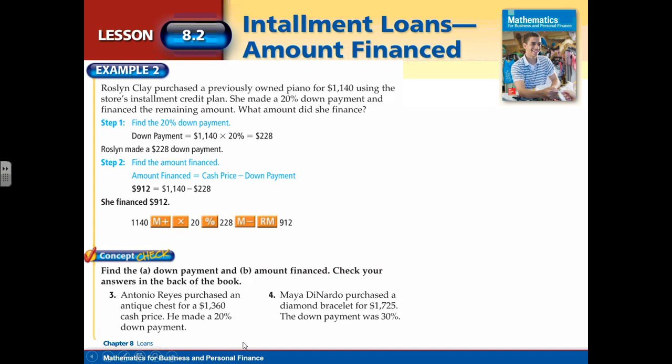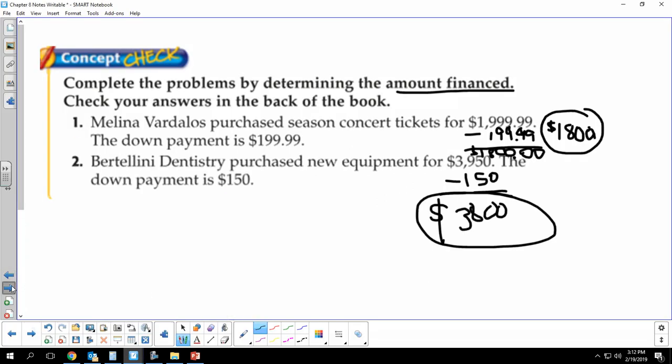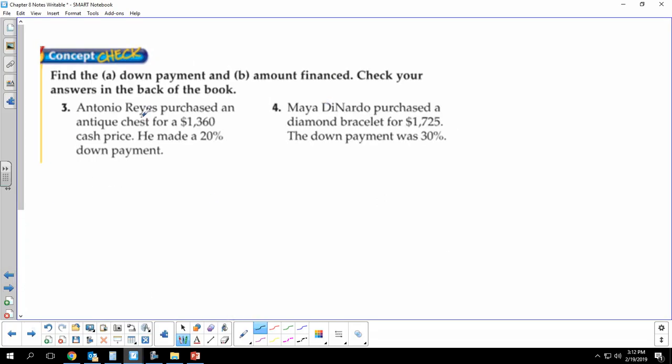Okay, we're going to try that here on these two problems. Antonio Reyes purchased an antique chest for $1,360 cash price. He made a 20% down payment. We're going to find the down payment and then find the amount financed. So it's $1,360 times the 20%.